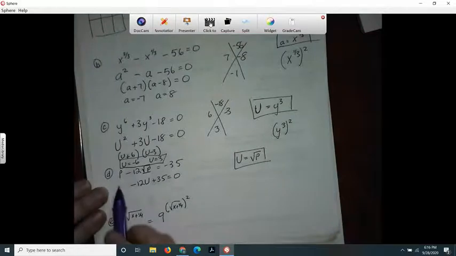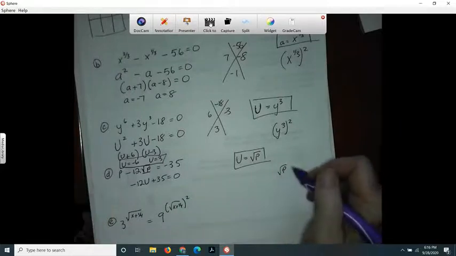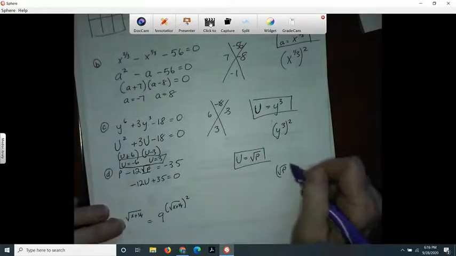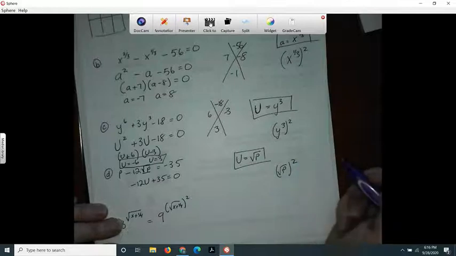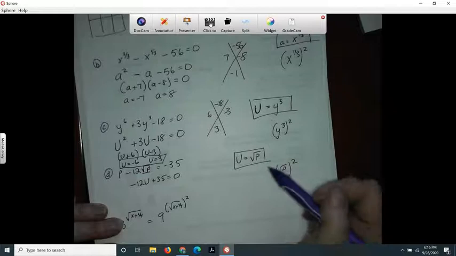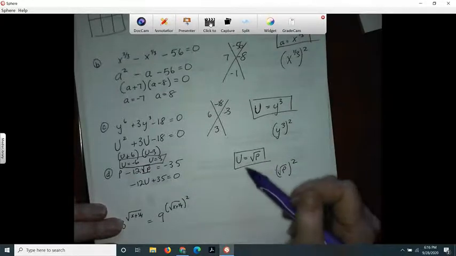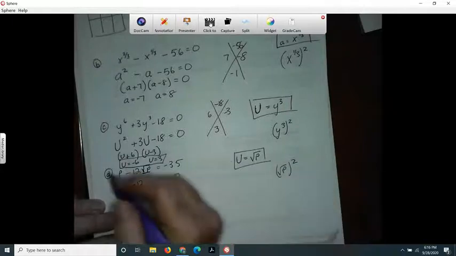But what about this? Well, isn't square root p squared p? So if u is square root p, then u squared is p. So I'm going to write my u squared here.